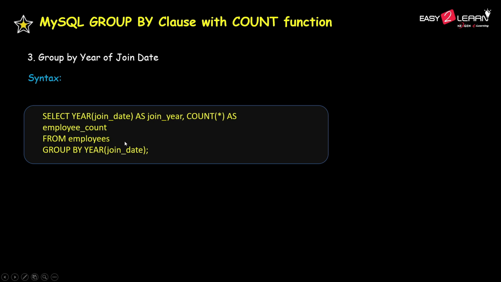That means I want to know in a particular year how many employees joined. In the year 2020 how many employees are there, in 2021 how many, in 2022 how many employees joined. If you want this kind of output, we are going to use this query.